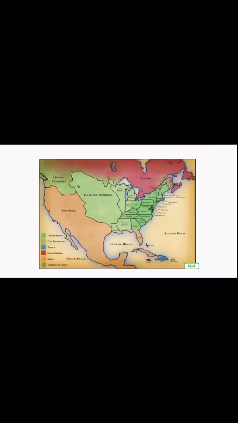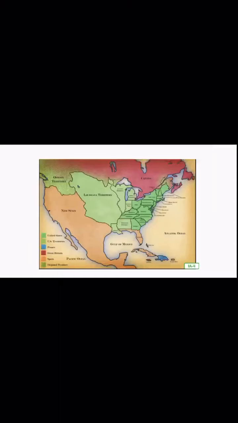All right, here we have a map of America in 1805. So this was from a long time ago. For many years after the Revolutionary War, the United States grew, and it got wealthier. Okay, new states such as Vermont, Kentucky, Tennessee, Ohio, and Louisiana were added.